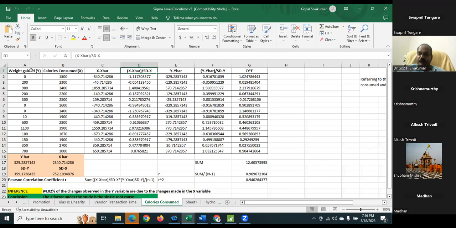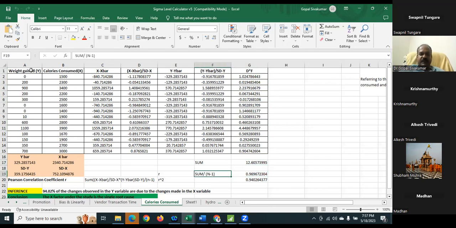Similarly, deviation from the mean value for Y and that deviation divided by standard deviation of Y. So now the D and F columns are multiplied together to get this value. Clear? Then all these values are summed up, that gives 12.6. And this value is divided by the degree of freedom, which is n minus 1.